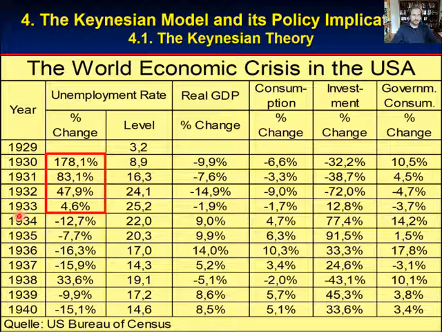In the year 1933, the unemployment rate reached a maximum level of 25% of all American workers. Second, real GDP was falling with two-digit rates over a period of nearly 3 years. All domestic expenditure components of GDP, household consumption, investment demand, and government consumption were falling.